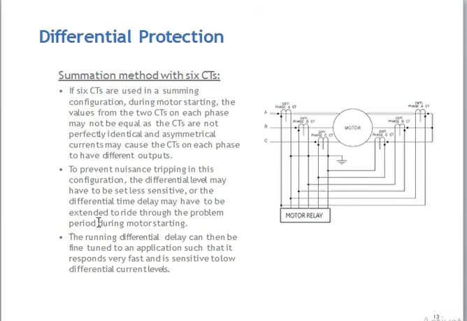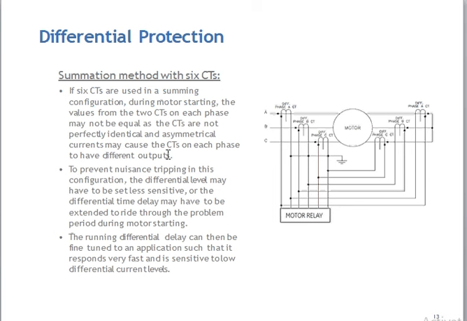You can see six CTs used in a summing configuration. During motor starting, the values from the two CTs on each phase may not be equal, as the CTs are not perfectly identical, and asymmetrical currents may cause the CTs on each phase to have different outputs.